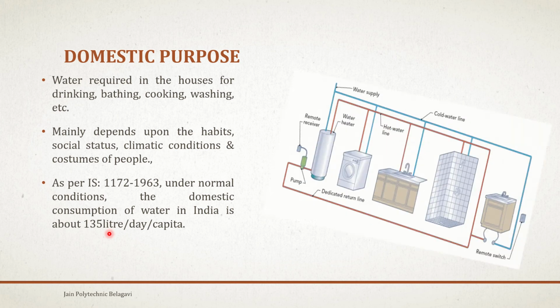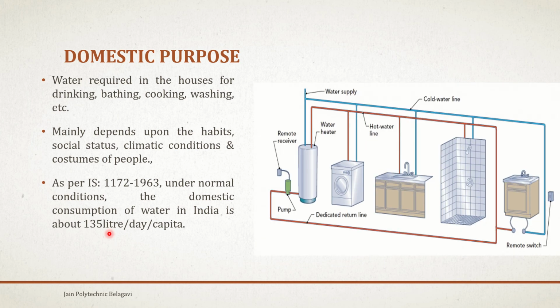Next, this is the process of how the water is being used. First, we will be collecting the water and sending it through a pump, and we will be storing it.